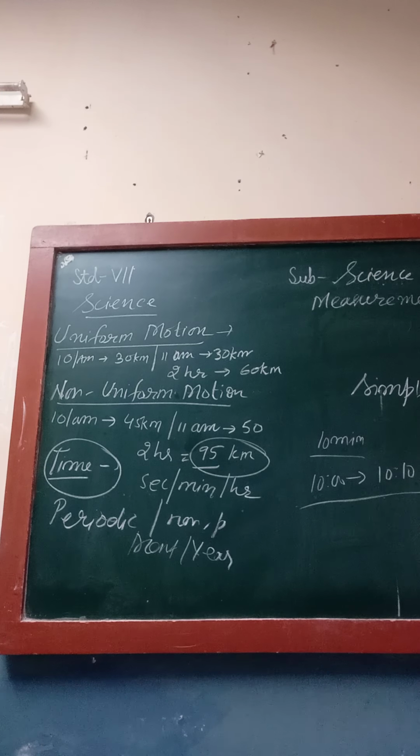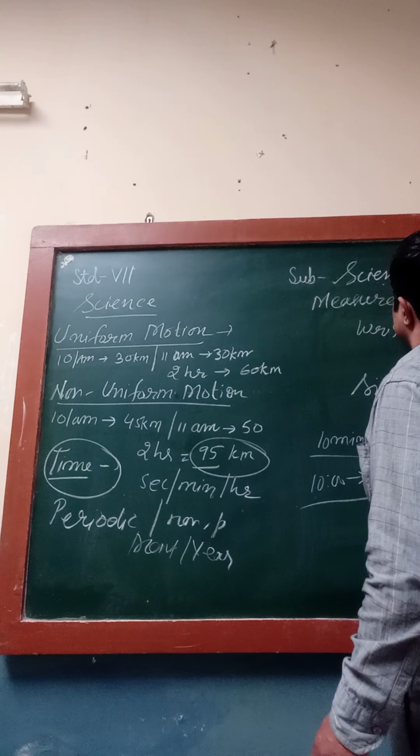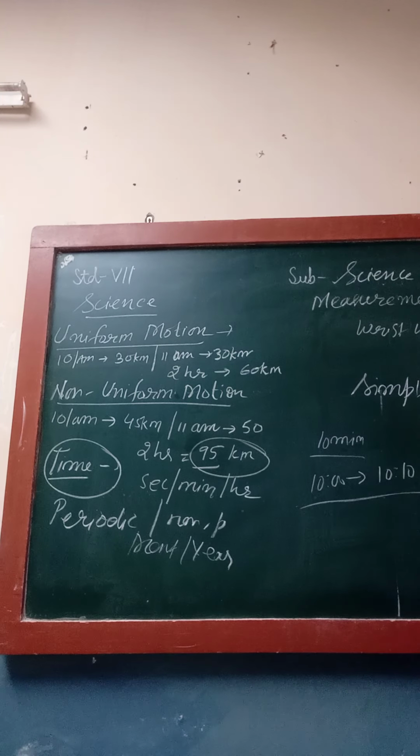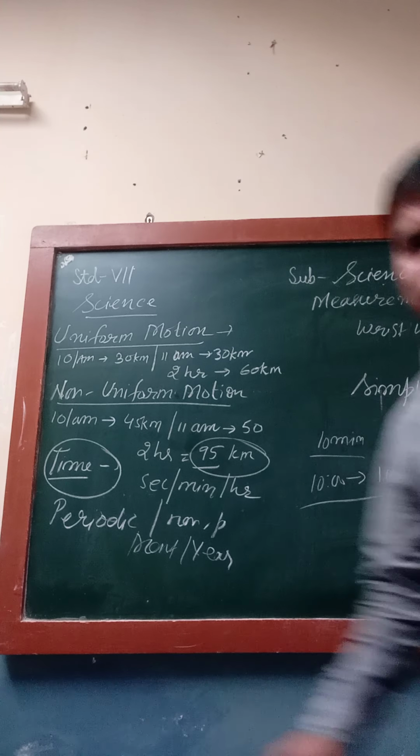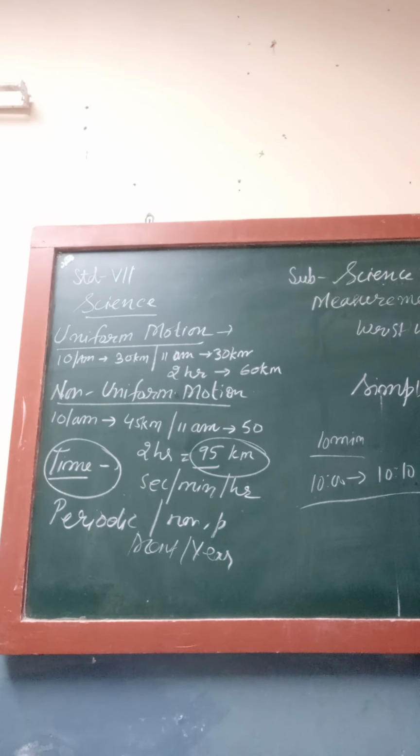Measurement of time: as you know, today the world is digital and we use mobiles to observe the time. We use wrist watches to measure the time, but in olden days there were no such facilities. So people used sundials, which worked on the movement of the sun, and by using the length of the shadow, people observed or predicted what time it was.